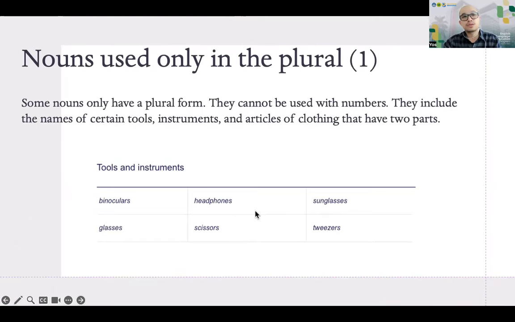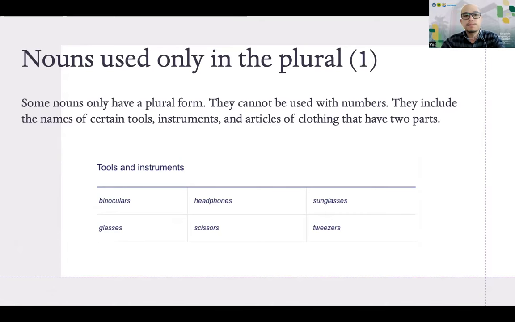There are also nouns used only in plural, like certain tools, instruments, and articles of clothing that have two parts, like binoculars, glasses, like this. They have two parts, the left side and the right side. So we consider this noun as plural.